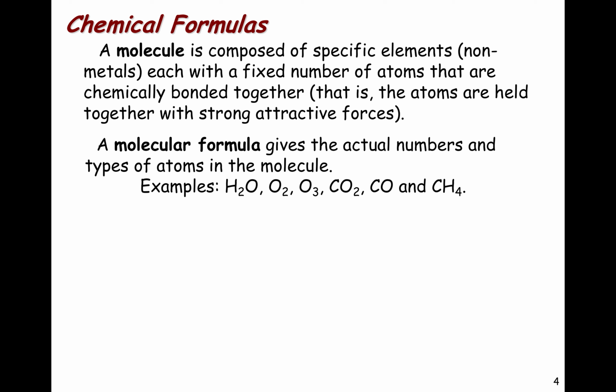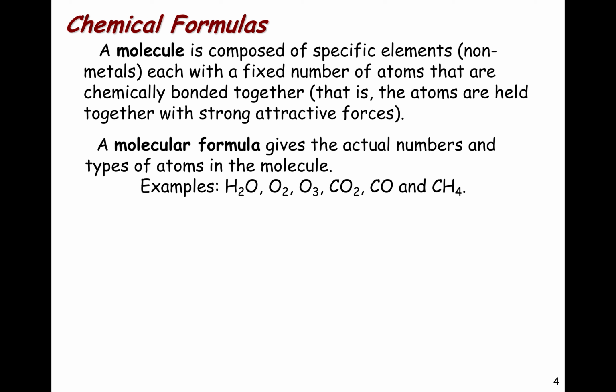Examples of molecular formulas, we might have something like water, H2O, 2 hydrogens and 1 oxygen. Again, in this case, if it's implied that there's only 1 oxygen, we don't write the 1. We also have something like elemental oxygen, which is O2, or ozone, O3. But then we could have things like carbon dioxide. Carbon is further to the left than oxygen, so you would write that first, and then the oxygen, and so there's 1 carbon and 2 oxygens.